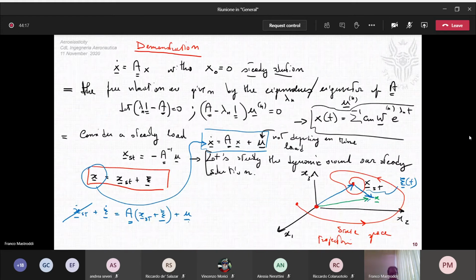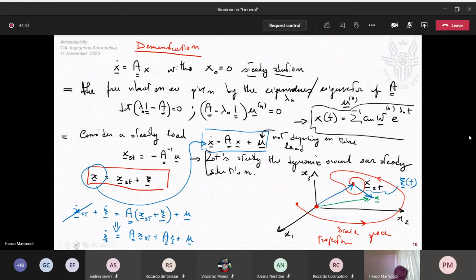Okay. Very interesting, because we have c dot equal to, of course the matrix is a linear operator, so we have A applied to x steady plus A applied to c plus u.